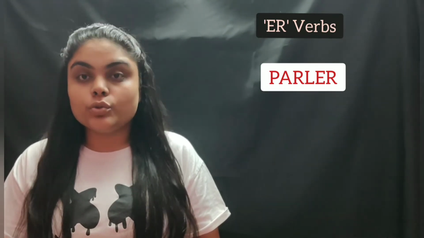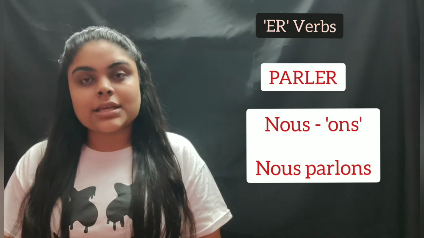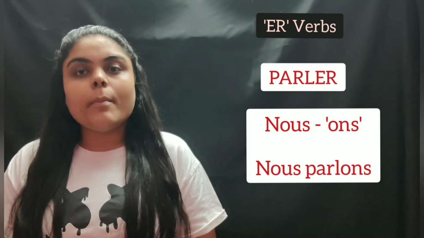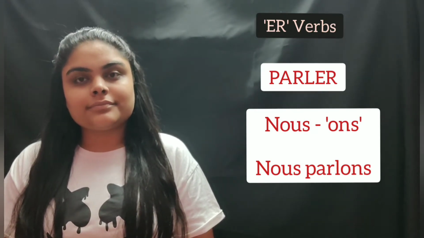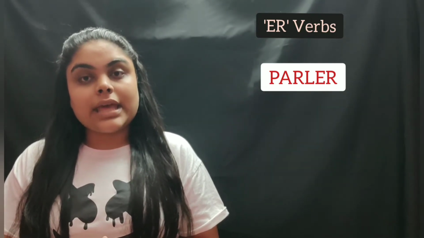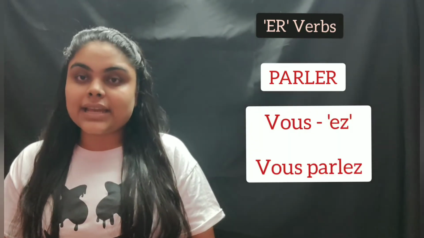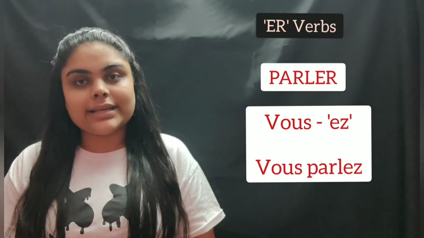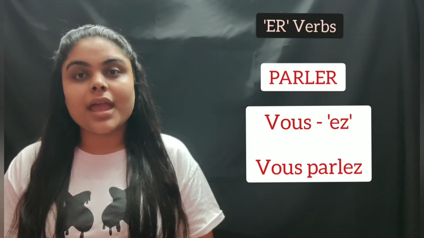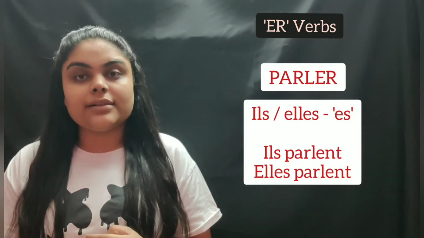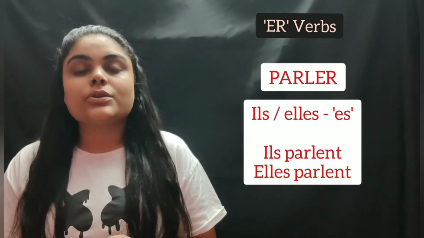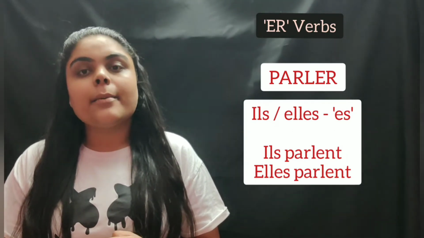Then with nous we add O-N-S, so it becomes nous parlons. Then with vous, we add EZ, it becomes vous parlez. And with ils, we add ENT, so it becomes ils parlent.